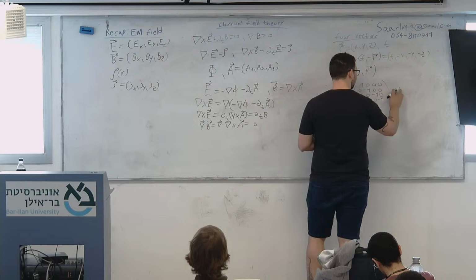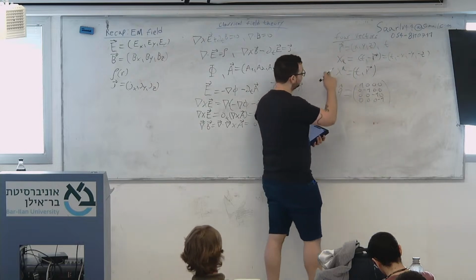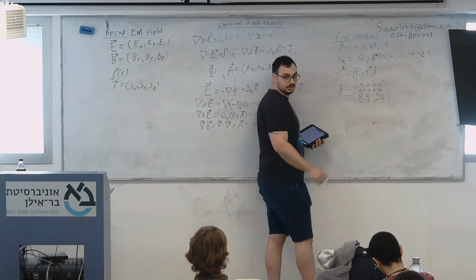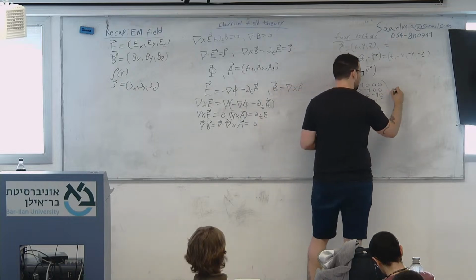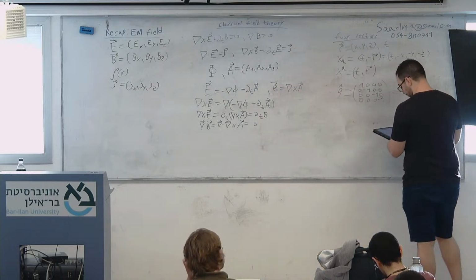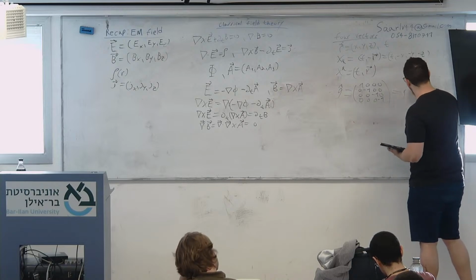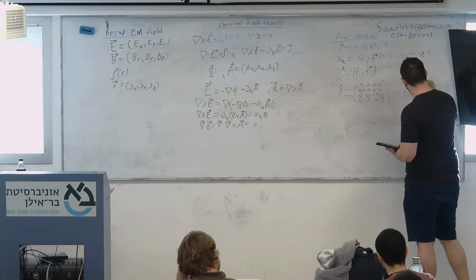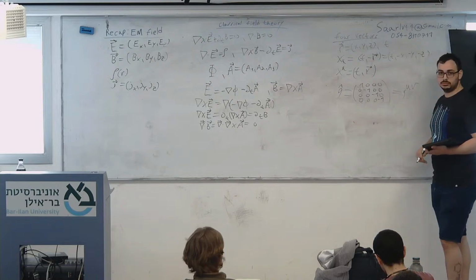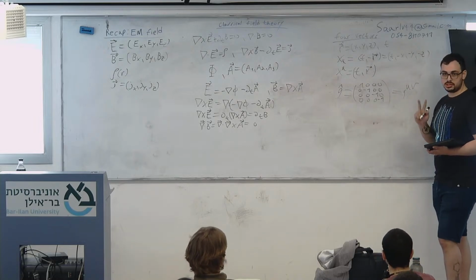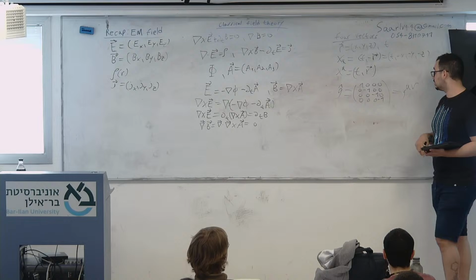But also, if you want to write it in our convention with our indices, we'll call it G mu nu, two indices to symbolize a matrix.